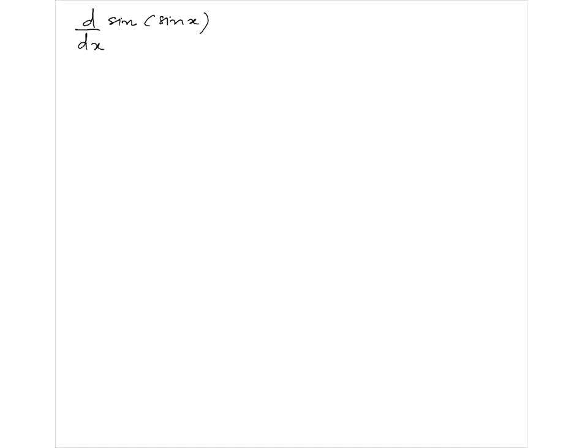Those who are getting cos of sin x into cos x are on the spot. They are right. Now, anybody would like this to be discussed on the board, just raise your hand. Yes, I could notice hand raising.